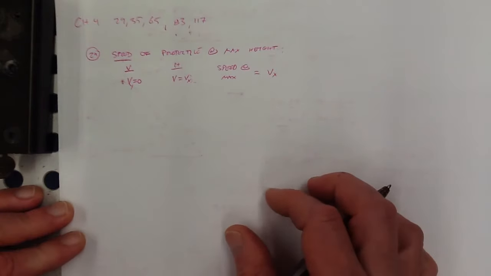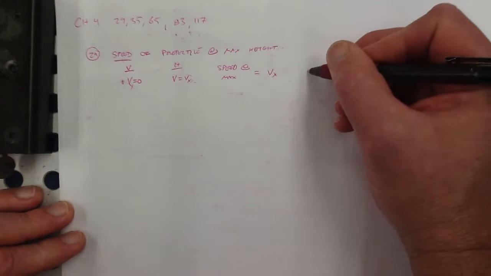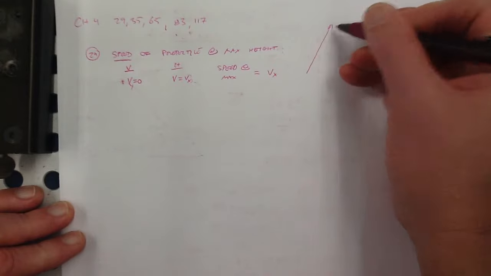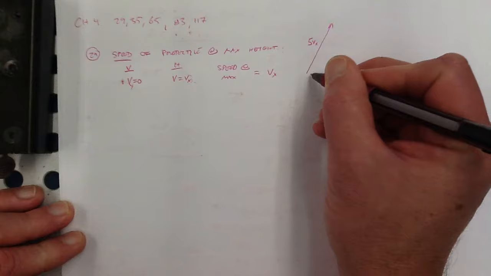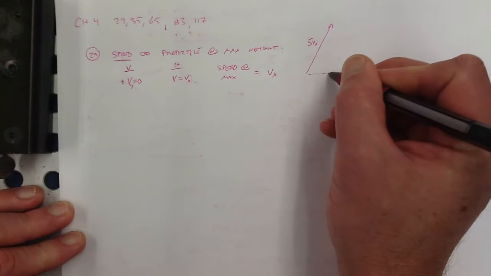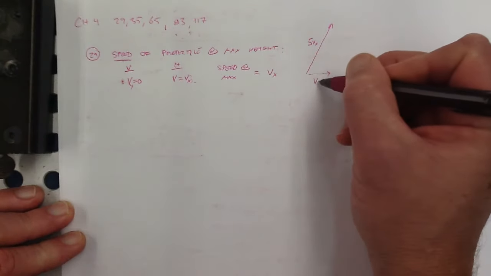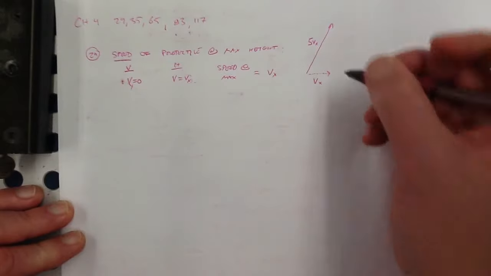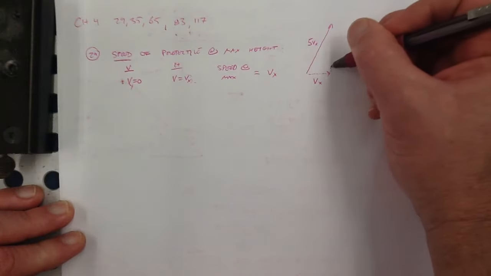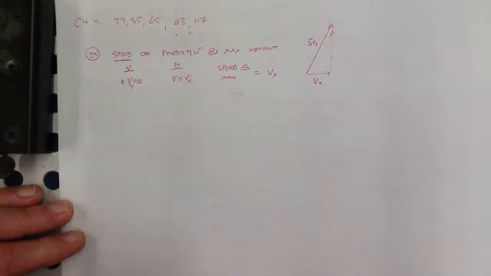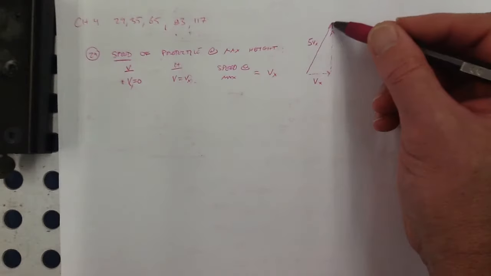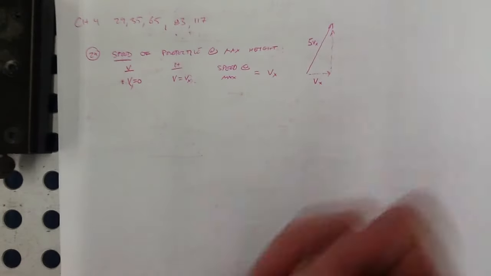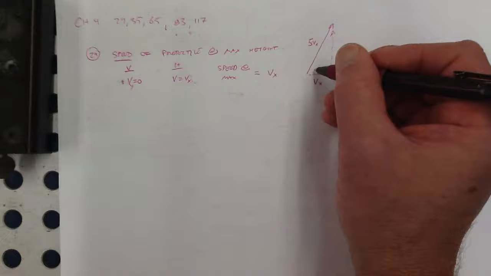So what we're looking at here, if a projectile has a launch speed that is 5 times the speed at the max height, the speed at the max height is the constant horizontal velocity. So I think we have a triangle that looks like this. Right? This must be 5 times bigger than the constant horizontal velocity. And then we can find the angle from there.